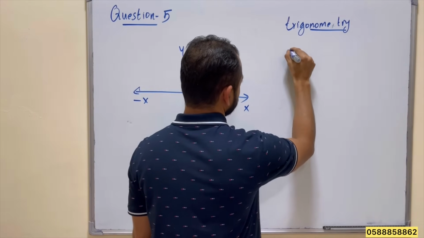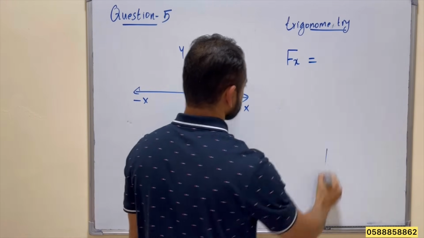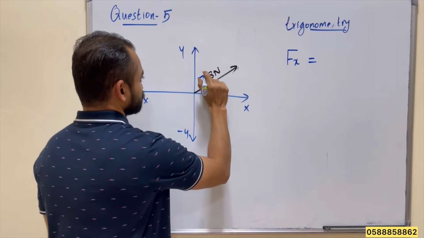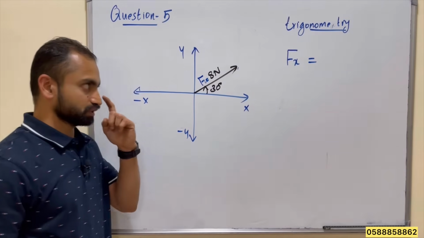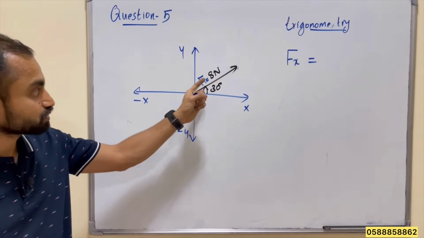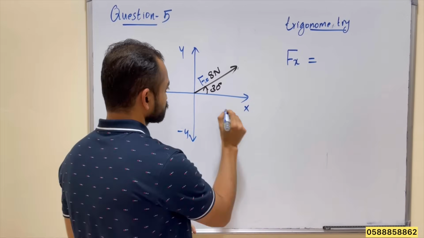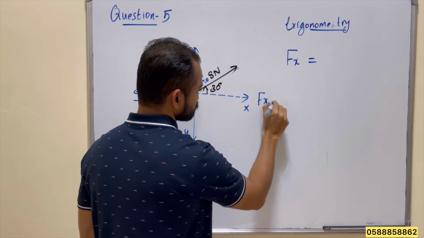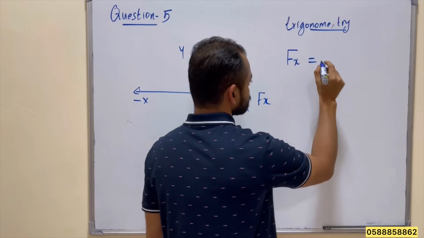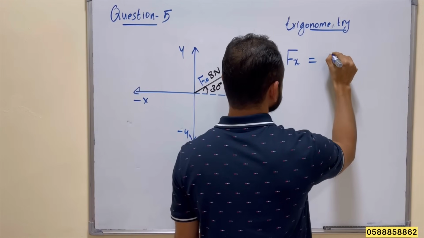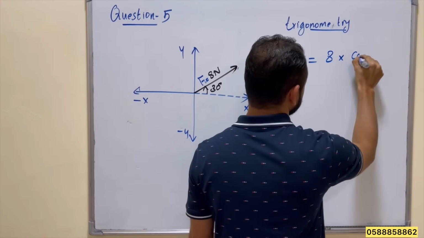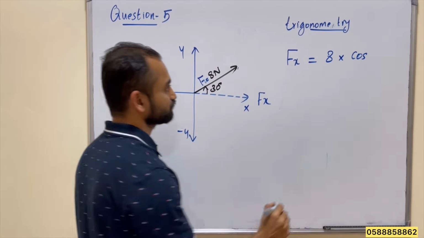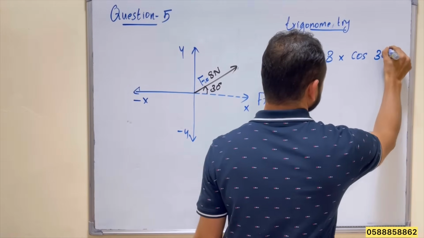What is the x component? This is our force Fx. The given force is equal to 8 Newton. How to calculate the x component of this force? X component means component along this direction. Fx is equal to the given force, 8, multiplied by cos of this angle, 30 degrees.